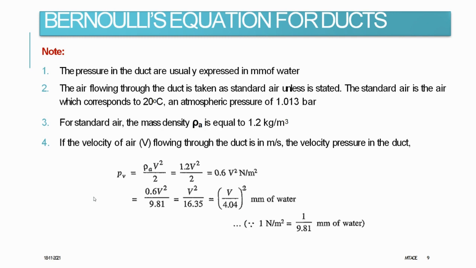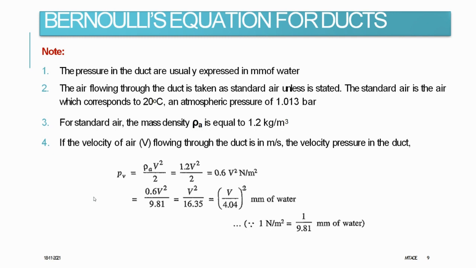Now, 0.6 V square upon 9.81. If we divide by g, which is 9.81, we get the value as V square upon 16.35. We have divided by g because we have to calculate in mm of water. We have converted Newton per meter square into mm of water. We get V square upon 4.04 squared, in mm of water.